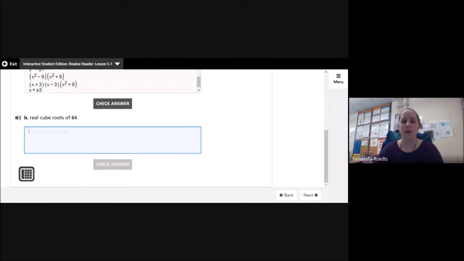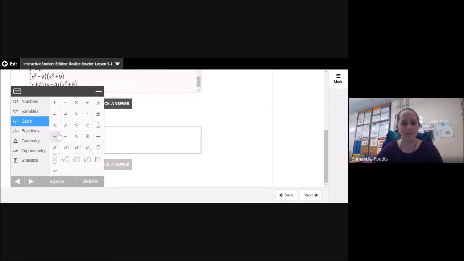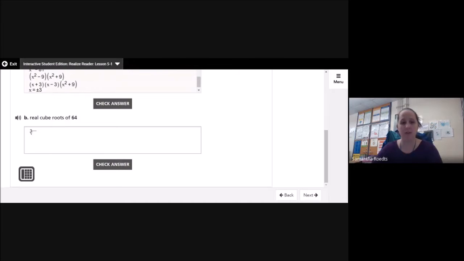Now I'm finding the real cube roots of 64. So the cube root of 64 is like saying x cubed equals 64. So x cubed minus 64 equals 0, and that's what I want to factor.